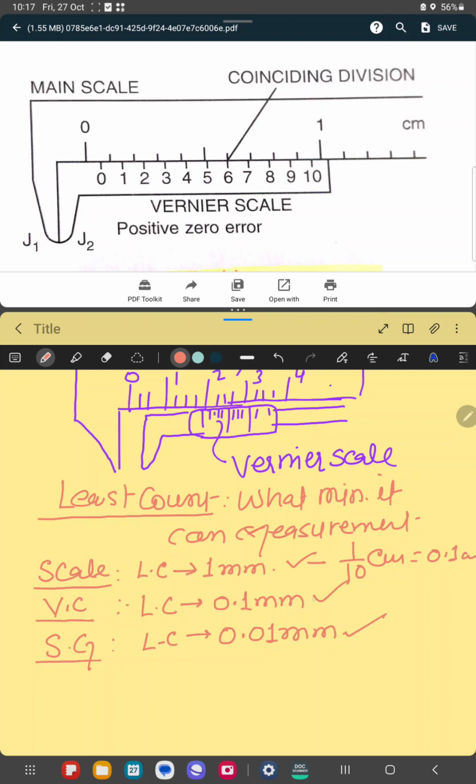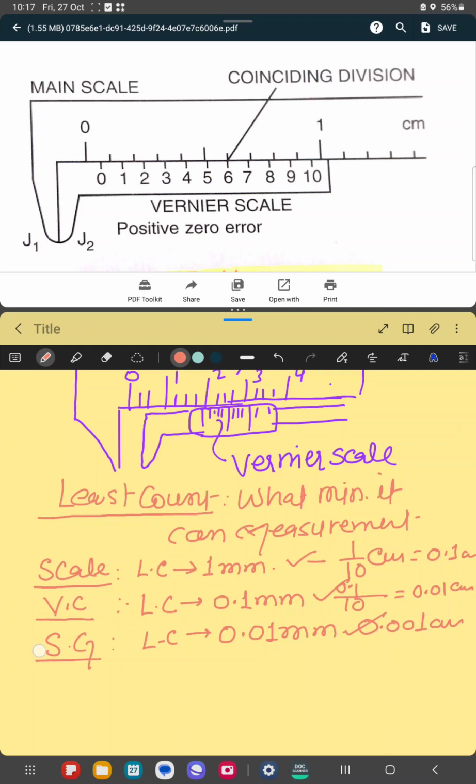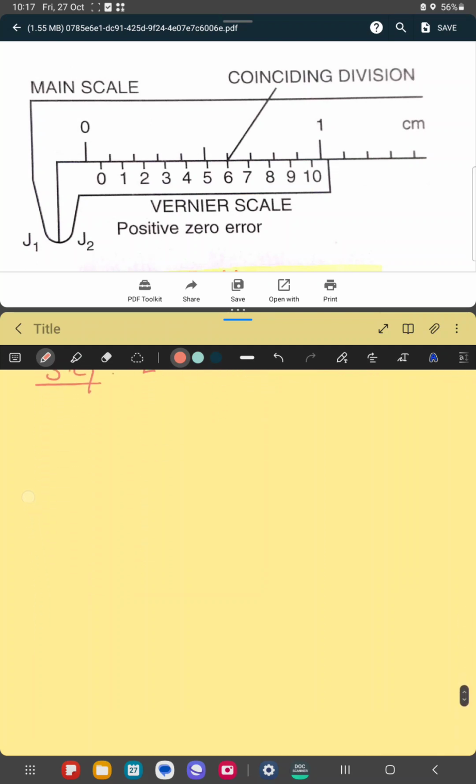And 0.1 mm, once again divided by 10, is 0.01 centimeter. Again divided by 10, 0.001 centimeter. So those are the values in centimeter. Now we are going to see the Vernier calipers first.